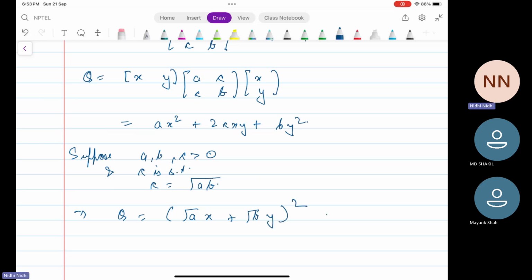So in this case, this Q will be positive definite, because it will be zero only if this x and y are both zero.